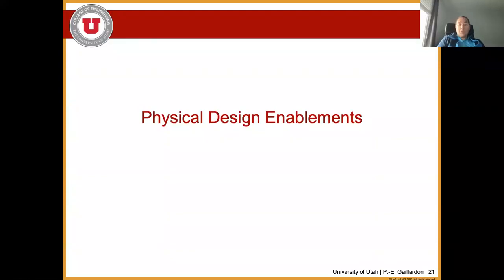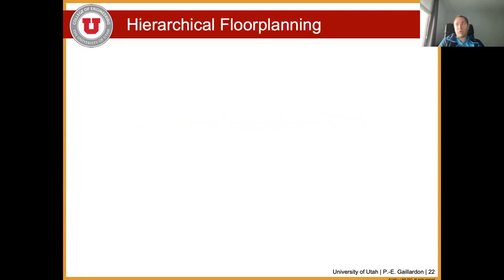So that brings me to another very important part of this talk, which is about the physical design enablements. Because again, generating a netlist, an RTL netlist of a fabric is cool, but pretty useless. What we want is to have good quality silicon out of this framework.